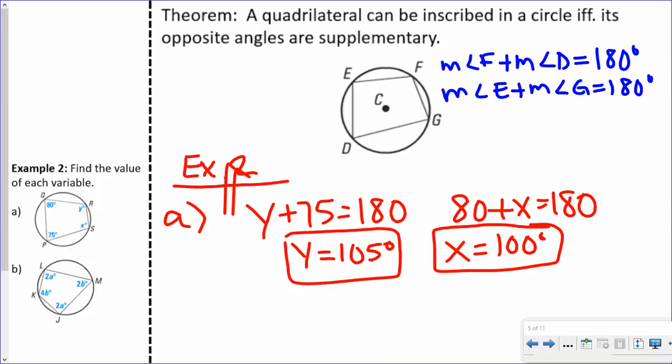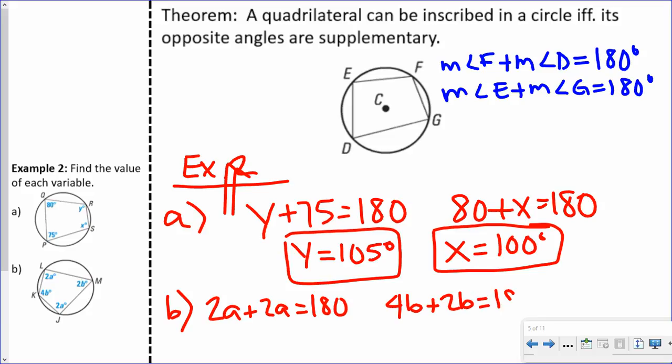Okay, so on part B, again, opposite angles are supplementary when you have a quadrilateral inscribed in a circle. So then 2a plus 2a has to equal 180. And then we know that 4b plus 2b has to equal 180. Well, now it's algebra, so that's 4a equals 180. So divide. So a is going to be what?